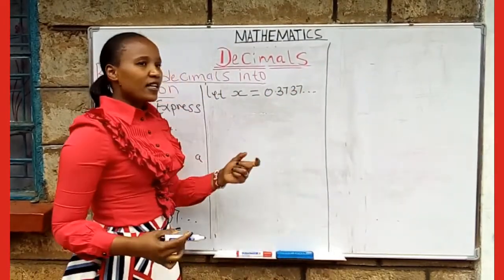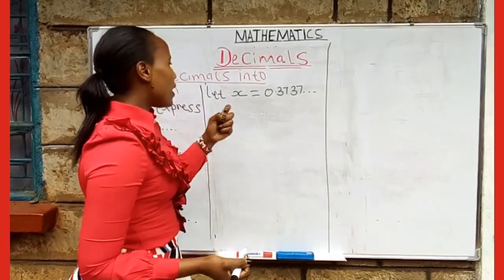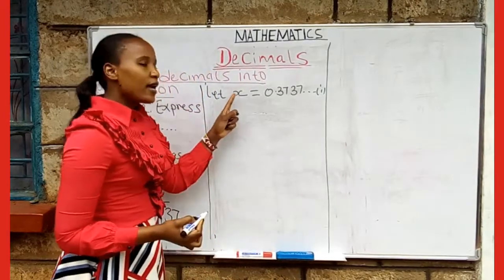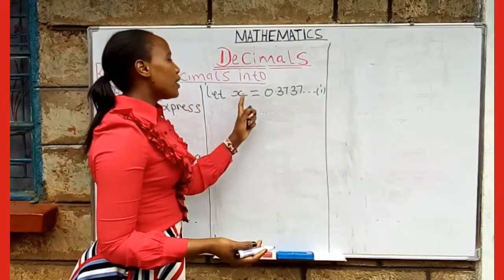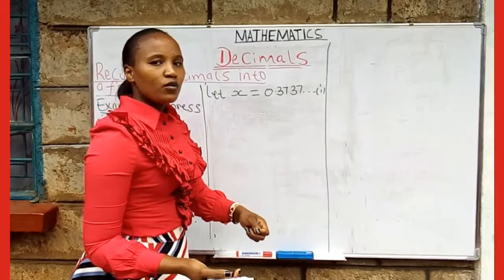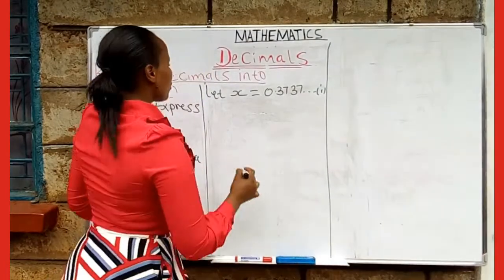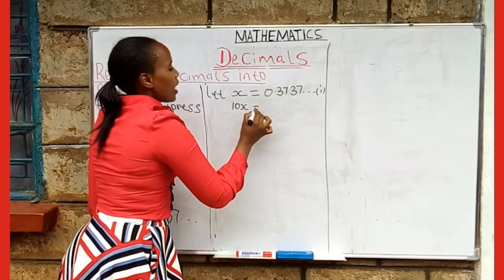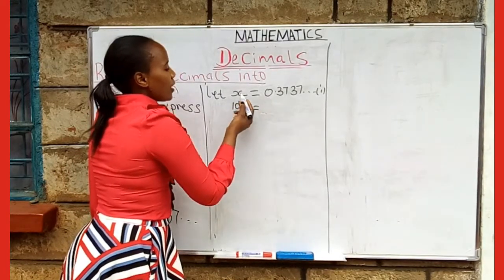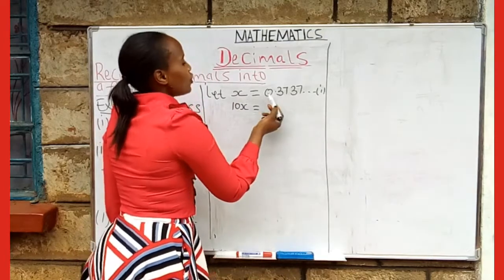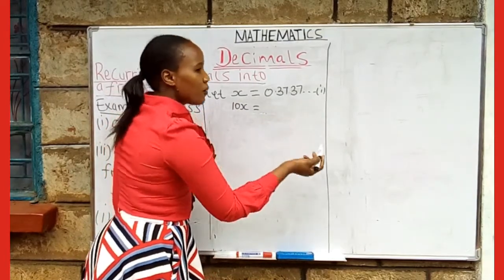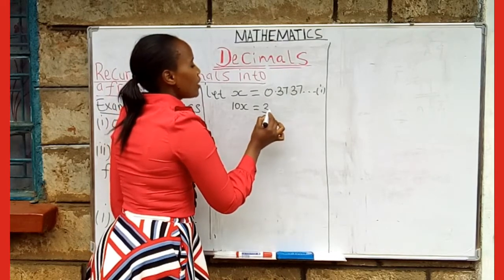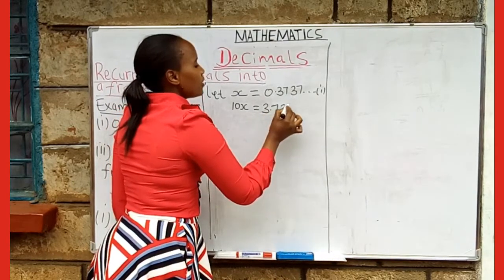Now, we can call this the first equation. I want to multiply x by 10, and do the same to the other side of the equation to get the second equation. If I multiply by 10, I get 10x equals 3.737.